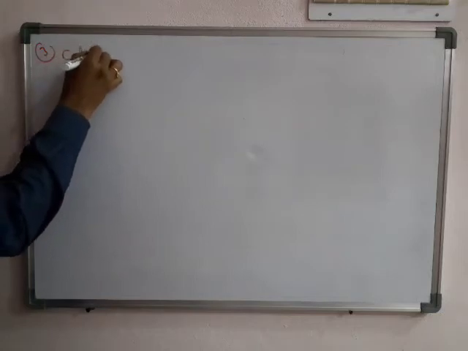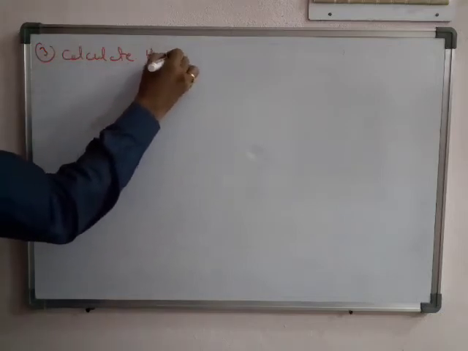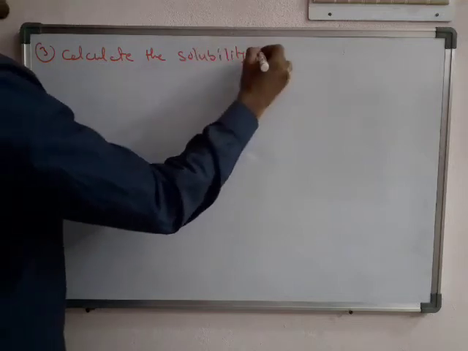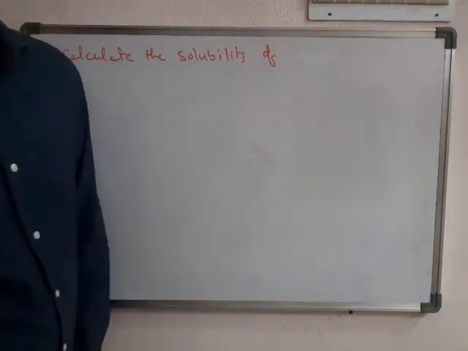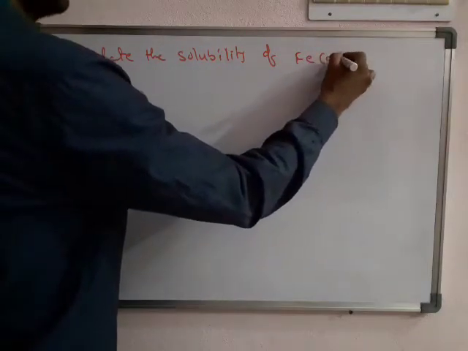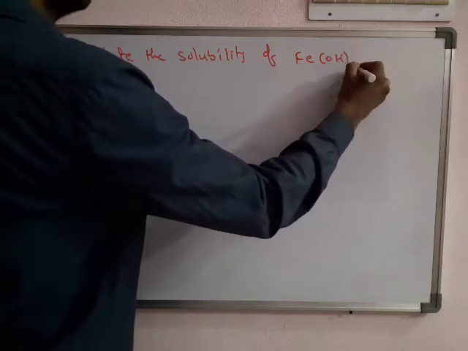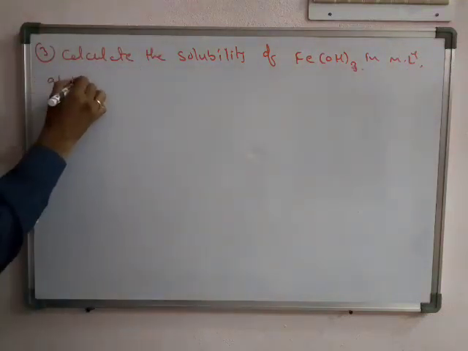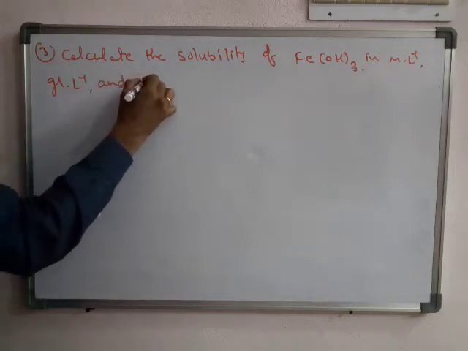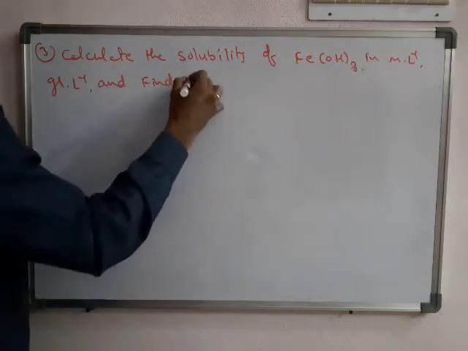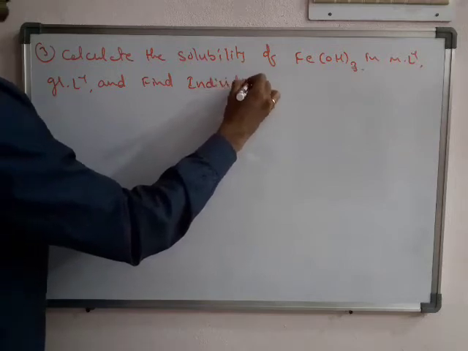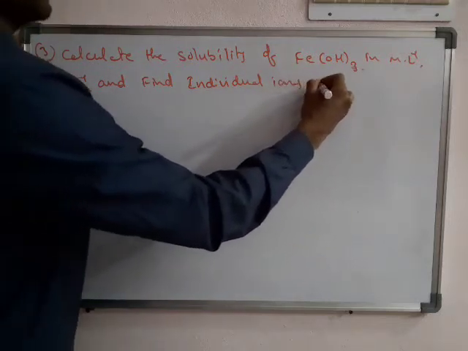Next, see one more problem. Calculate the solubility of ferric hydroxide, where ferric means Fe is taken as 3, in moles per liter and in grams per liter, and find the individual ion molarities.